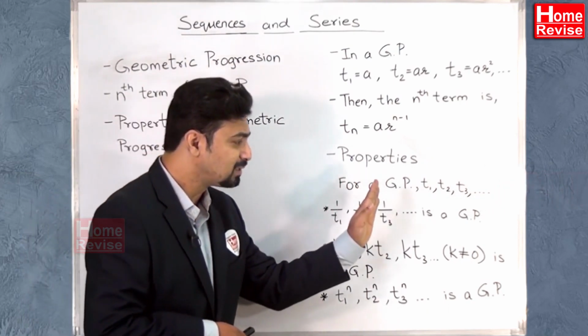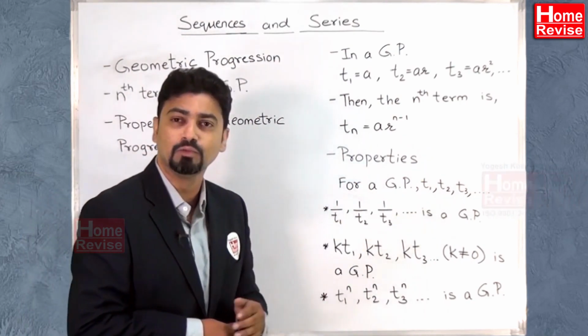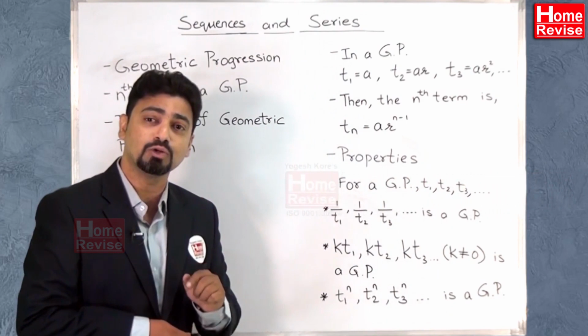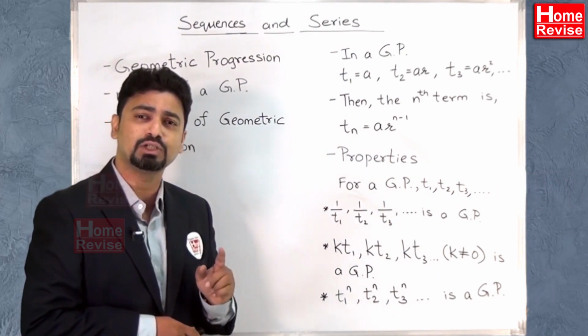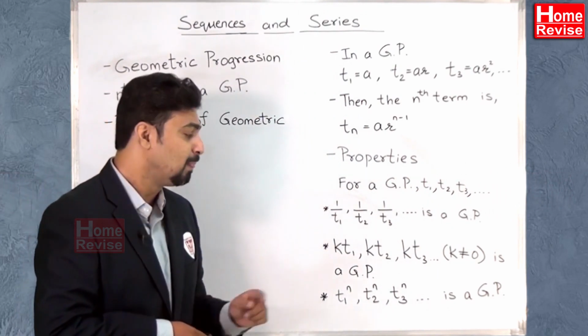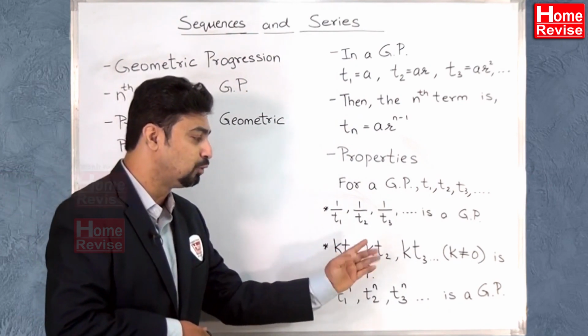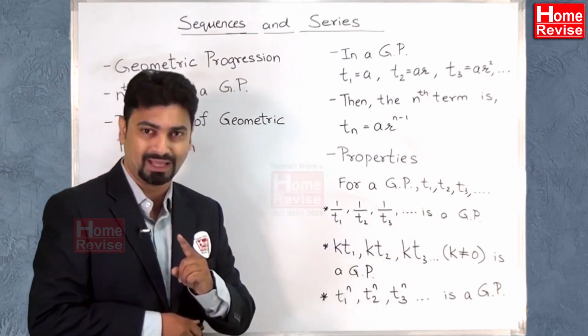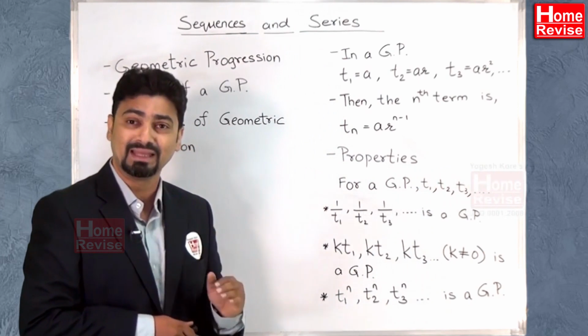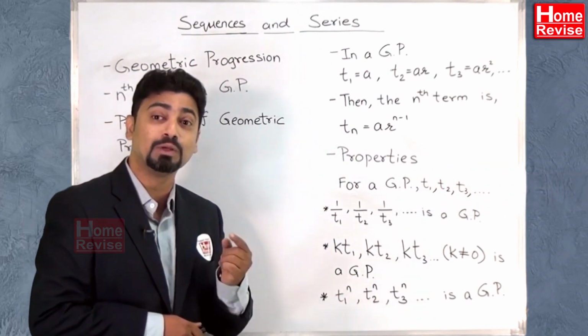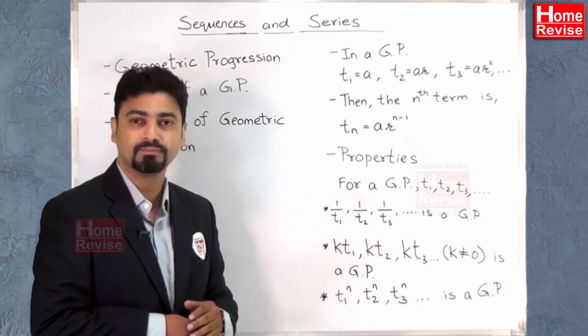Similarly, for terms T1, T2, T3 in GP, if I multiply each term by a constant number, that is K into T1, K into T2, K into T3 and so on, where K is not equal to 0, then such a sequence will also be a GP.